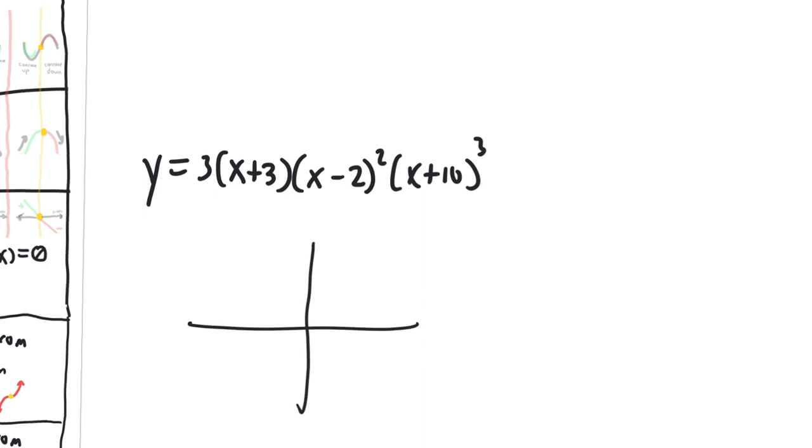For example, we know that the total degree of the whole function is going to be this exponent of 3 plus this exponent of 2, which is 5, plus this sort of invisible exponent of 1. So that would make the degree of the entire function 6, which happens to be even.